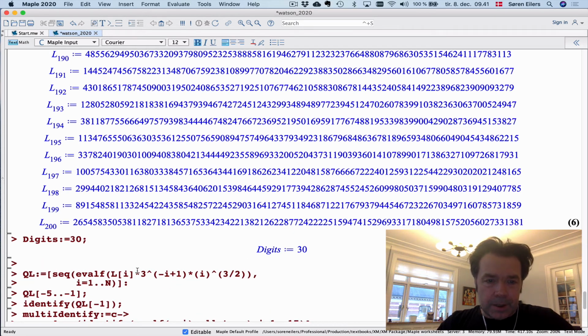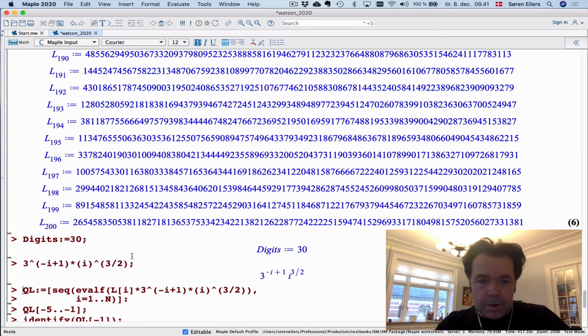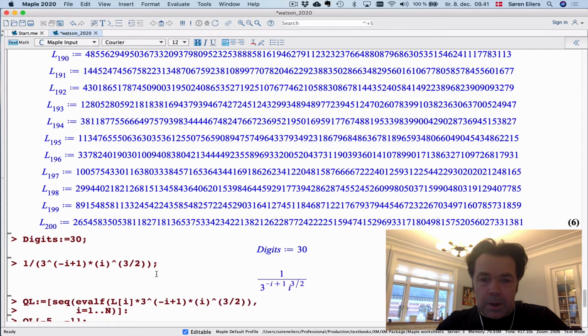So my program has, let me show you this one here. So this expression here, or rather 1 over this expression, seemed to be a good description of how this would grow. So I'm going to compute these numbers. Okay, this is not so readable.